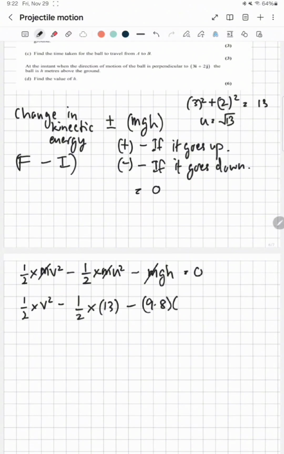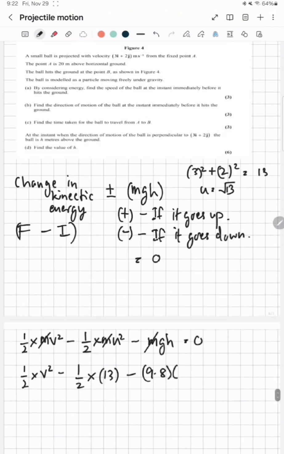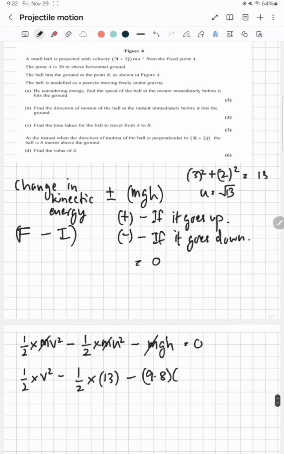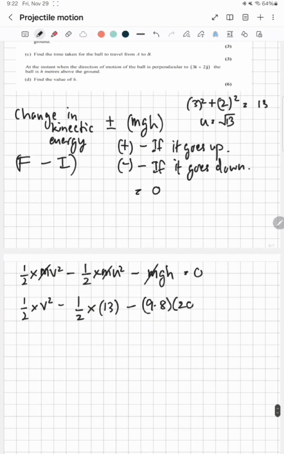You can use 10 also, that doesn't matter. And the height is 20, right? Equals 0. I'm going to multiply everything by 2, so v squared minus 13 minus 9.8 times 20 times 2 equals 0.